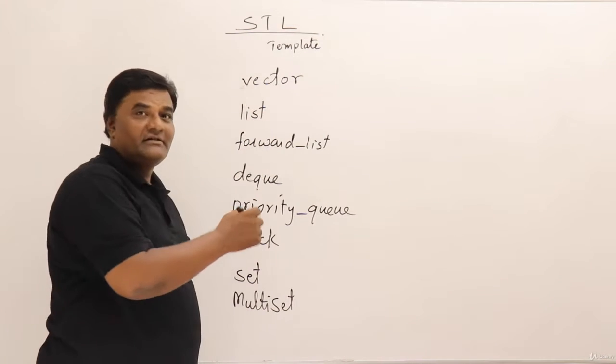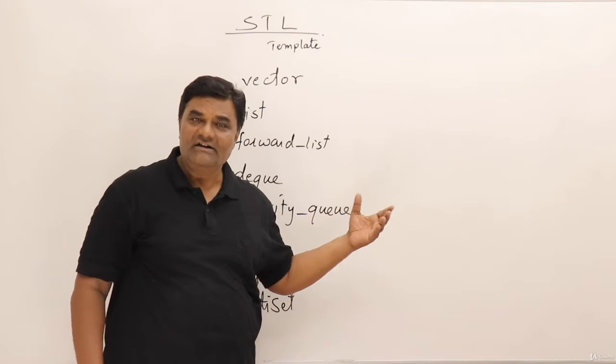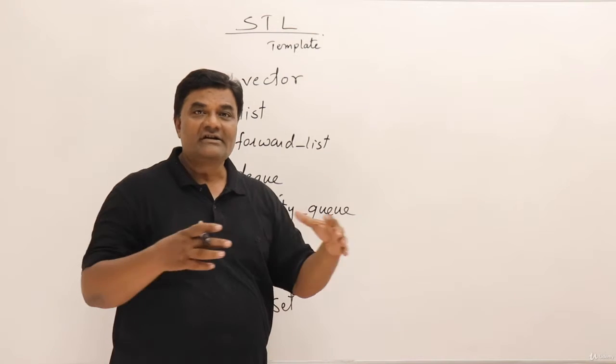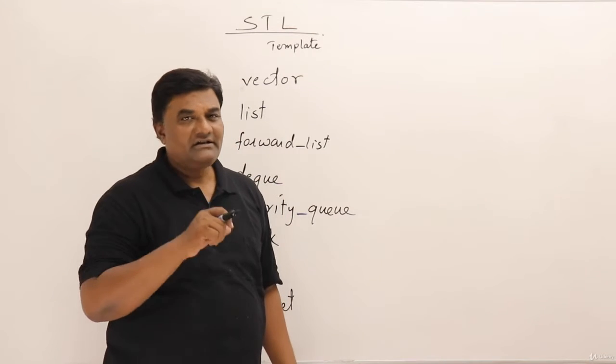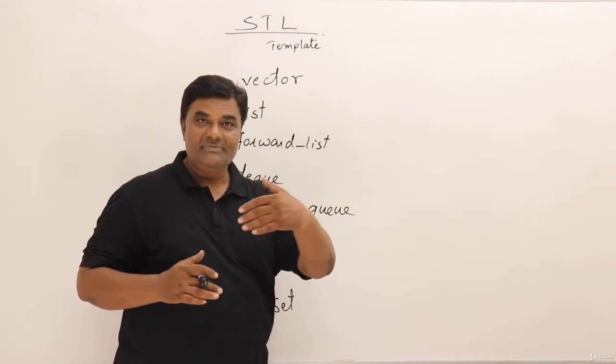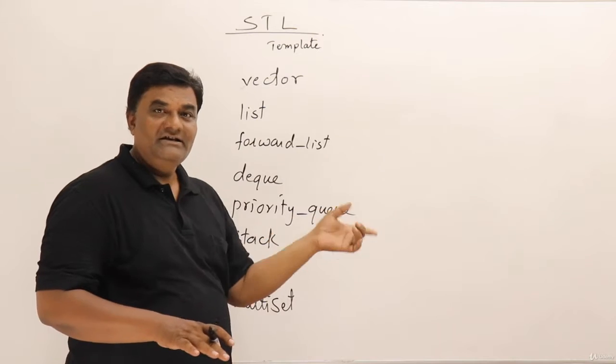This is a vector. This is nothing but an array only. Already I have explained array to you. So this is not a fixed size array. This can grow and reduce by itself. How can an array grow and reduce by itself? Already I have shown you that we have to create a bigger array and transfer the elements. That's what it automatically manages.